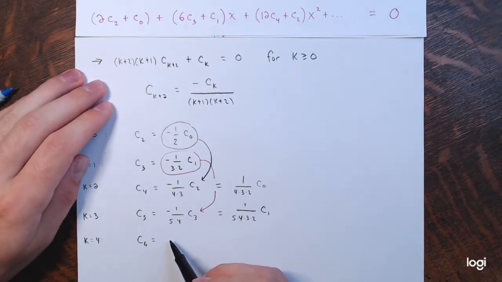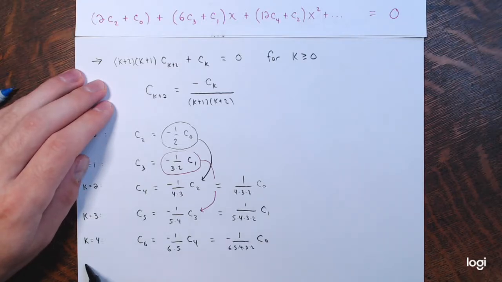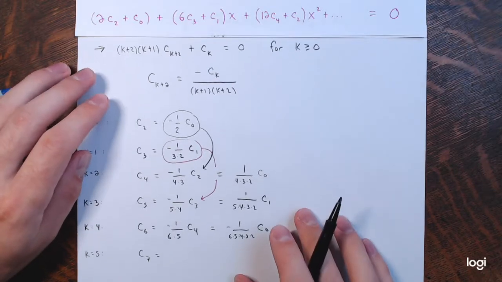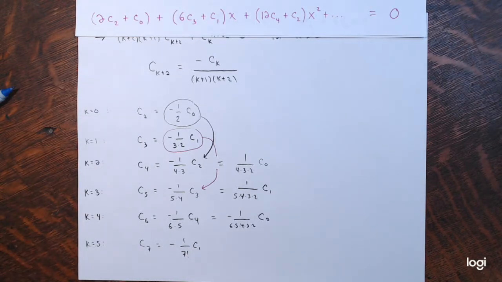So c6 would be negative 1 over 6 times 5 times c4. But again, c4 was this, so it's negative 1 over 6 times 5 times 4 times 3 times 2 times c0. And then I'll just write out what c7 will be in terms of c1. Hopefully you see that it's going to be negative 1 over 7 factorial times c1.